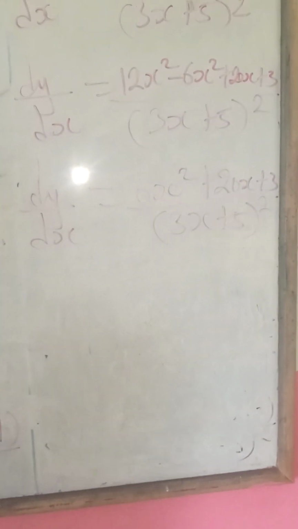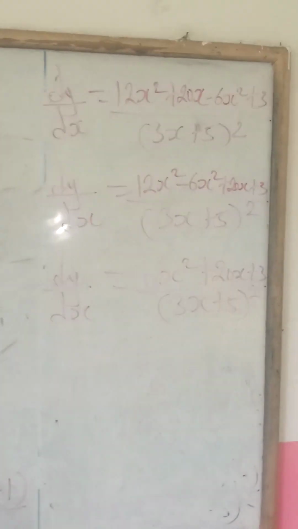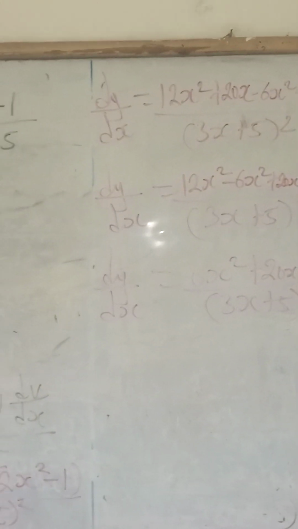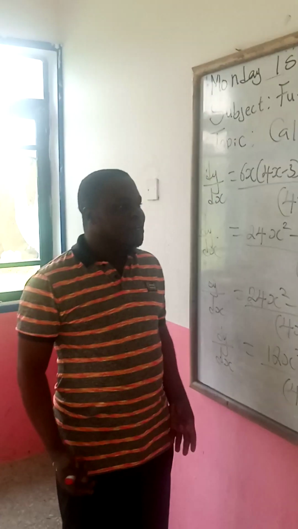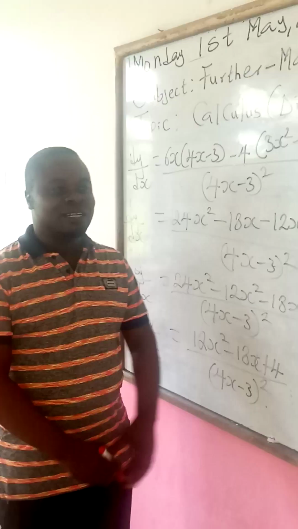This method is called the quotient rule. You can see now that differentiating by using the quotient rule is very simple. It's just for you to apply the formula. I believe it's clear. I don't tell people that mathematics is very simple. It's just for you to follow the rules. Once you follow the rules, you will understand that there's nothing difficult in mathematics.